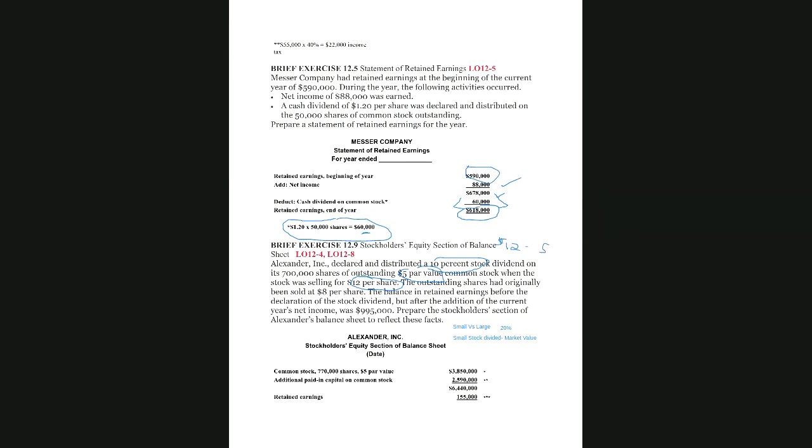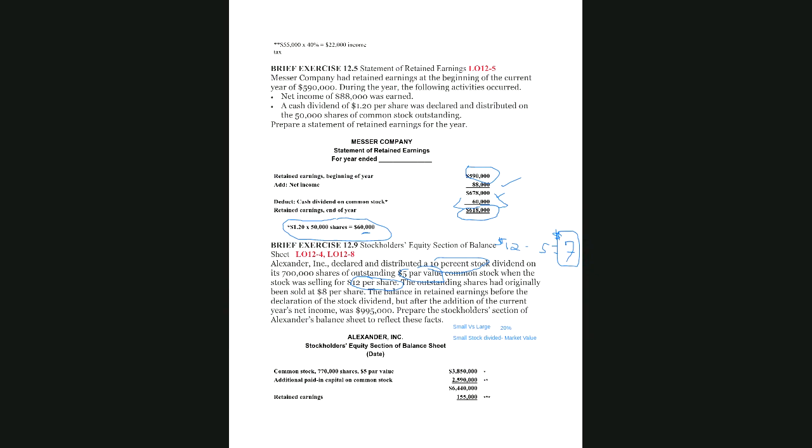So that means when they sold the initial 700,000 shares, the excess of the market value over par was $7 per share. And that'll come back in a moment. They sold the original 700,000 shares for $12. The par value was 5, so $7 is the amount that will get credited to the additional paid-in capital account.